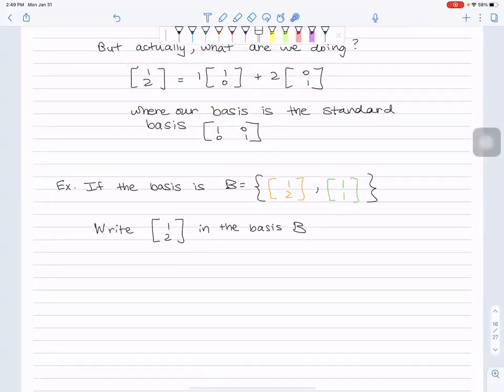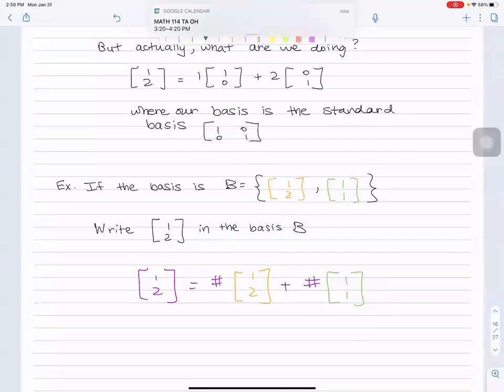We wrote 1, 2 as a combination, meaning a multiple of the first basis vector plus a multiple of the second basis vector. So we do the same exact thing. We write 1, 2 as some number times our first basis vector, plus some number times the second basis vector. Now, what are those numbers?